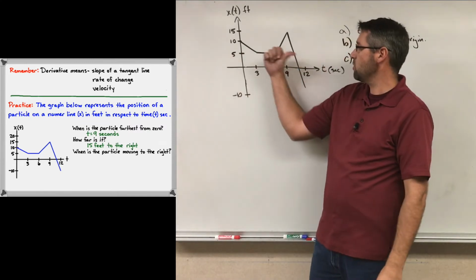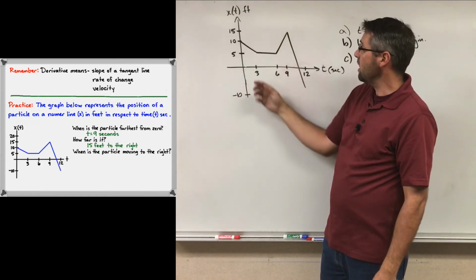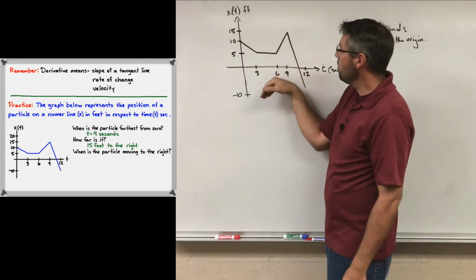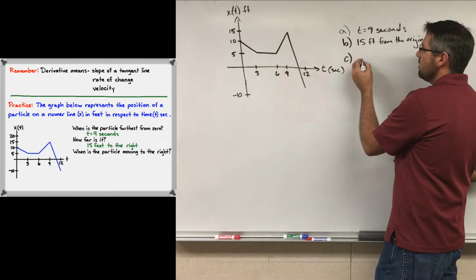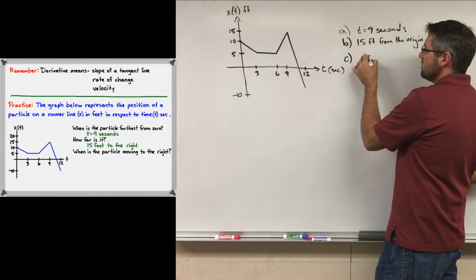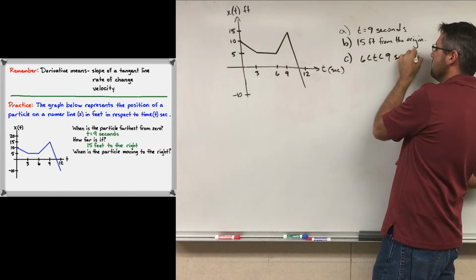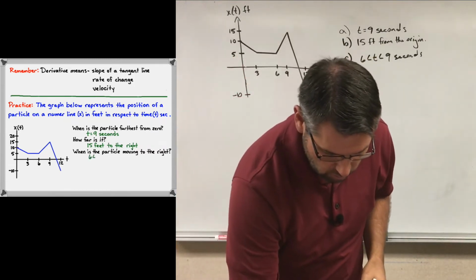Not positive this way on this graph, positive this way, positive going up. When is it moving to the right? It's moving to the right when we see it going uphill, when we see the function increasing. So we would say it's moving to the right from 6 seconds to 9 seconds over that interval. Okay, 6 to 9 seconds. It is moving to the right.